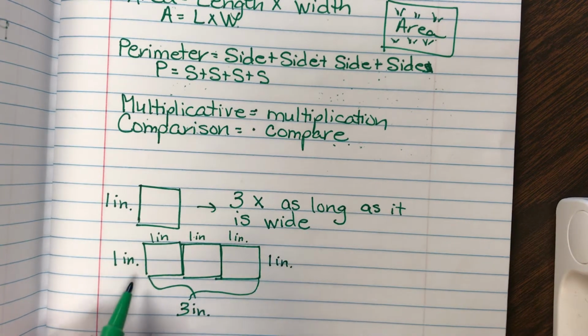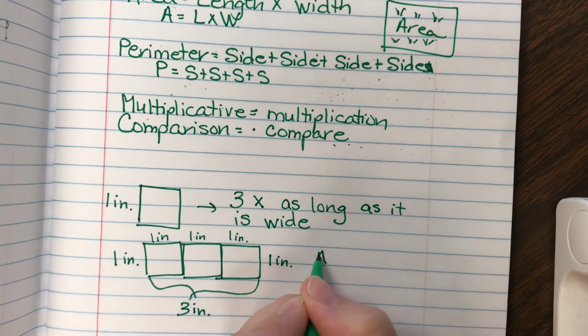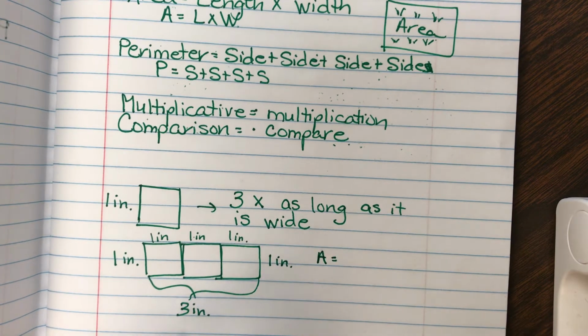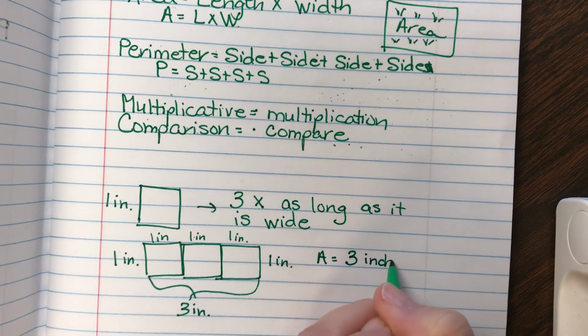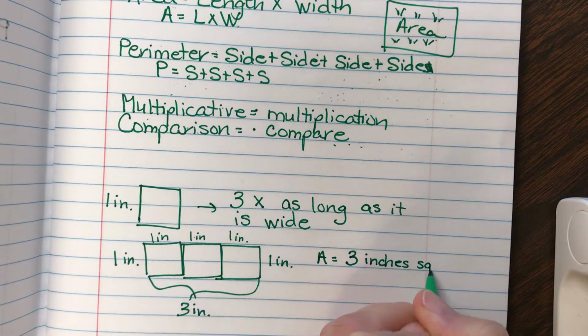So if we're going to find our area, which is our length times our width, it's going to be 3 times 1, which we know is 3, and then the unit is inches, so 3 inches squared.